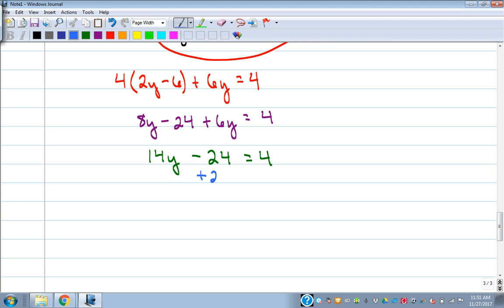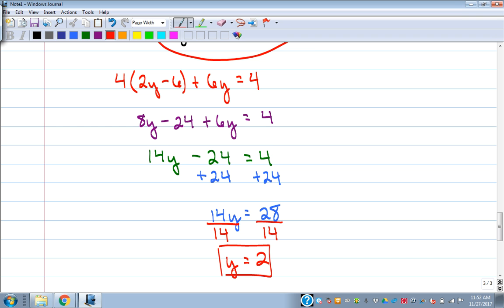Add 24. 14y is equal to 28. Last step. Divide by 14 on both sides. And then y is 2. 28 divided by 14 is 2. So y is 2. Now I've got y.